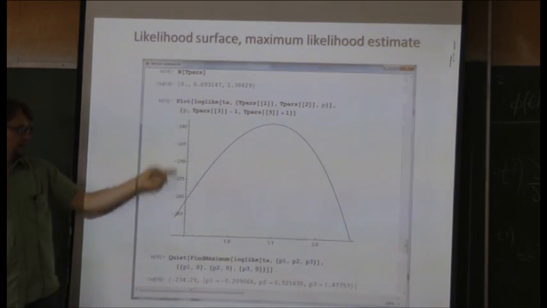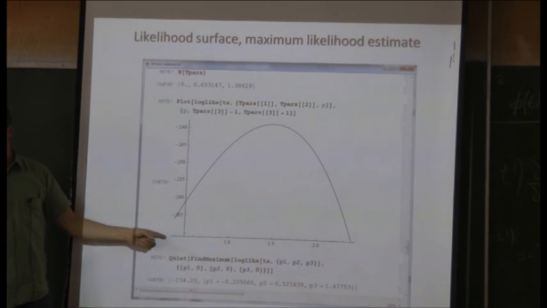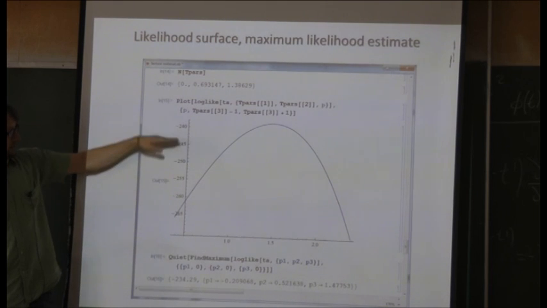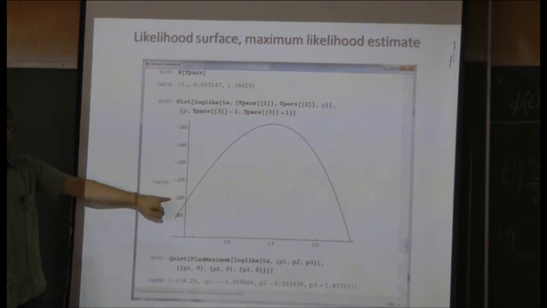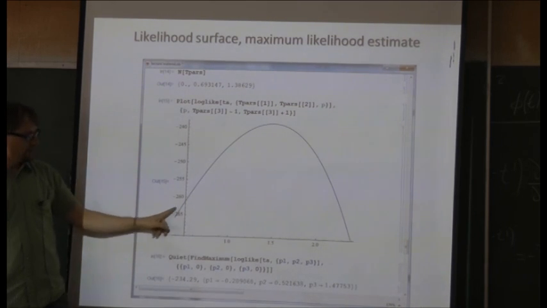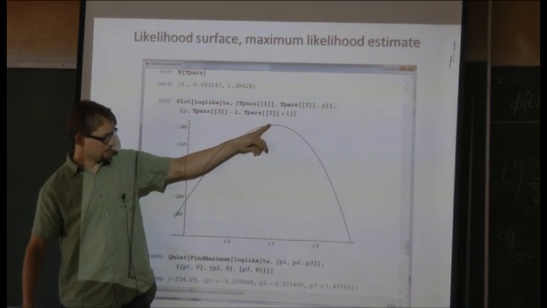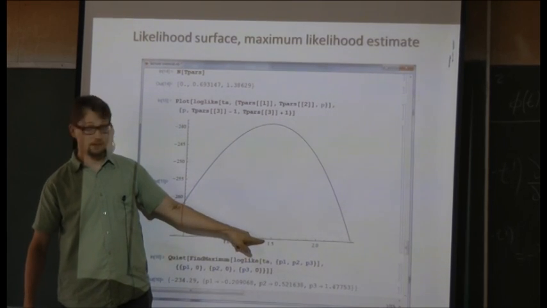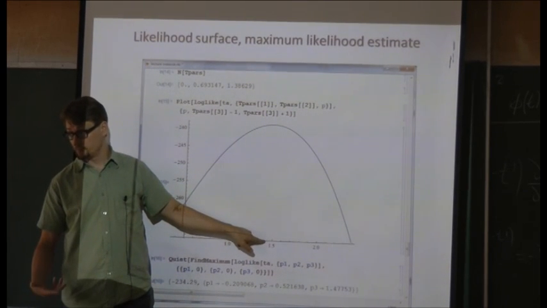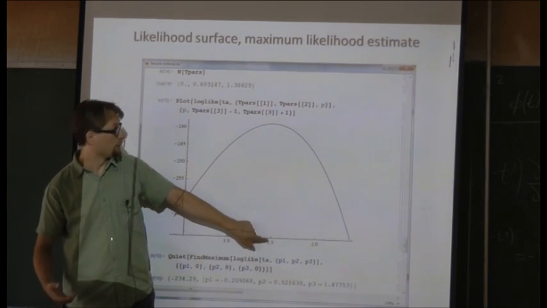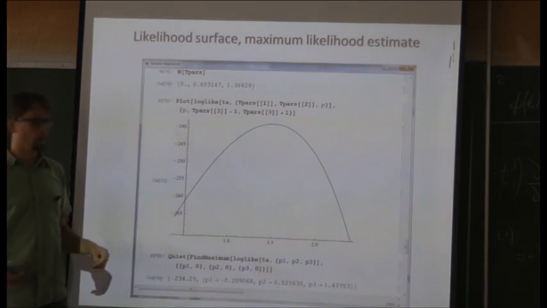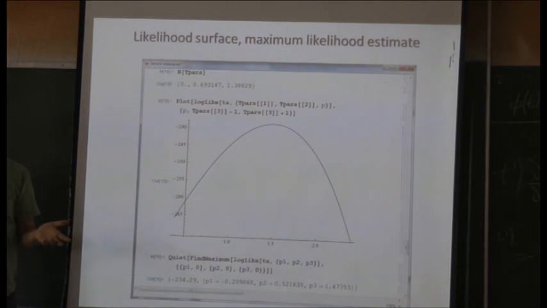On the y-axis you have the log likelihood, going from minus 240 to minus 260. And you see that the peak of this distribution is pretty much at the true value of that parameter. So conditional on these 2 other parameters, the maximum likelihood estimate would be around this 1.4, which is the true value.